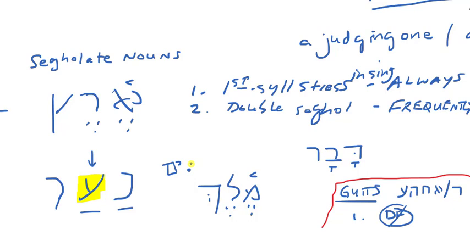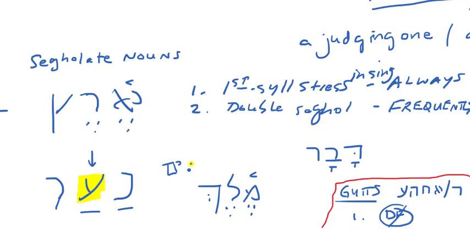Because I told you that im and ot, the plural endings, are like the really large kids that get at the back of the rope in tug-of-war, and they're going to pull with all their might and pull the stress where? To the end. Well, here's the question. Which is stronger, the fat kid at the end of the rope or the Sehgalit's commitment to first syllable stress?